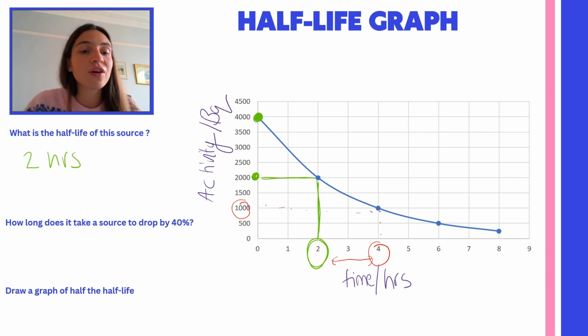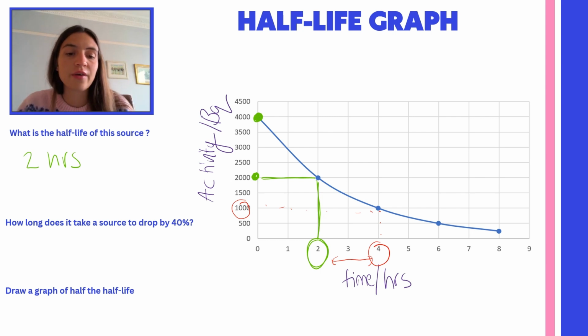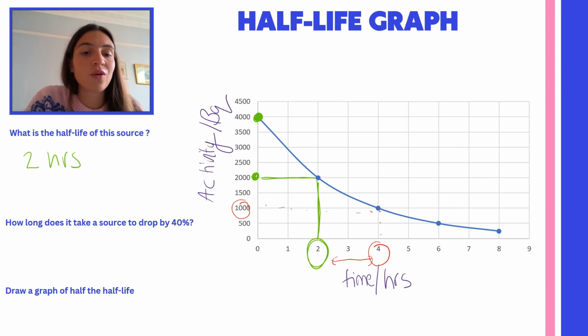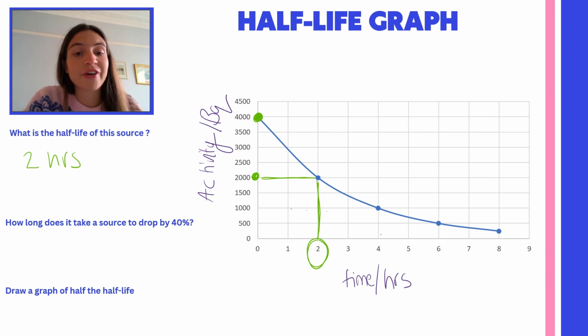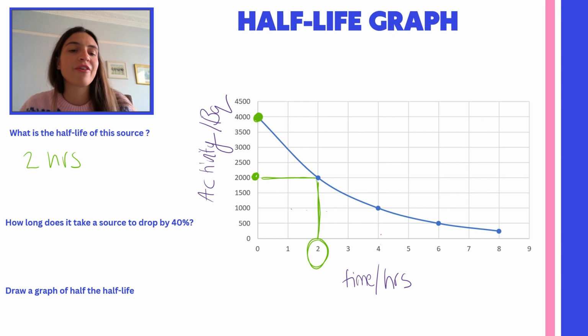Okay, how long does it take my source to drop by 40%? So, in order to figure out how long it's going to take to drop by 40%, I need to first figure out what on earth that means. So if it's dropping by 40%, that means that it will be 60% of its original activity.